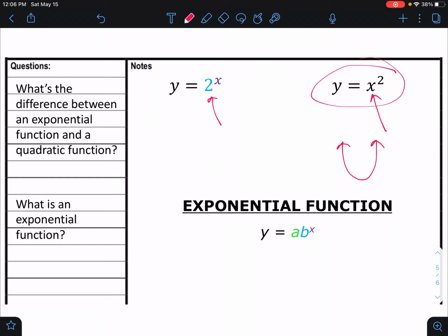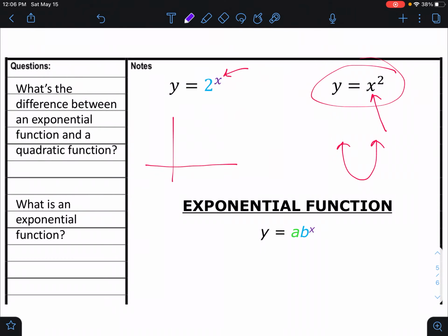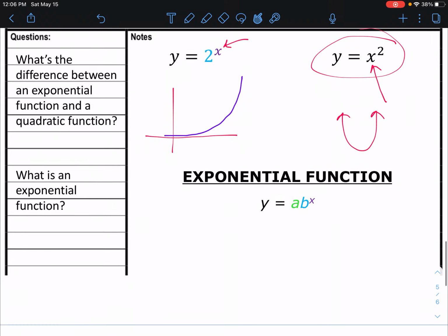This over here is called an exponential function because the variable is in the exponent, and in this case, when you graph this, you would get something like we just said, where you get this kind of slow growth and then rapid increase.